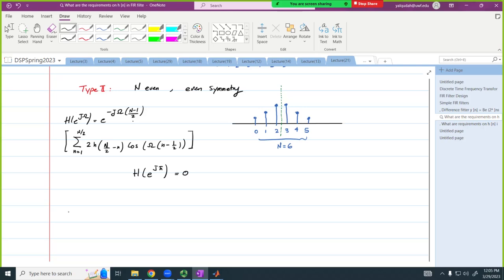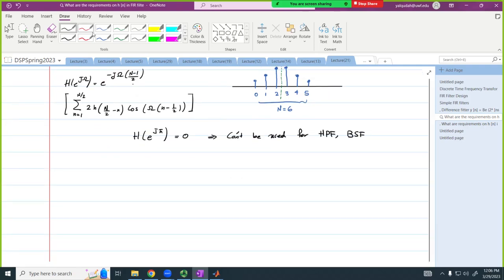Because H of e to the j omega is going to equal 0. Again, at the high frequency, this type of shape is always going to remove the high frequency. Therefore, we cannot use it for a band-stop filter or for a high-pass filter.